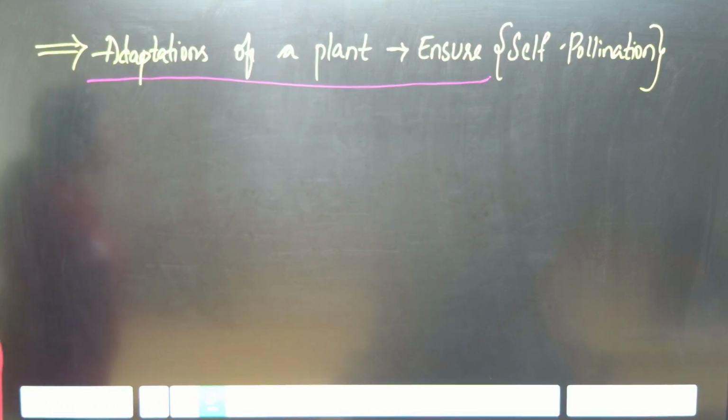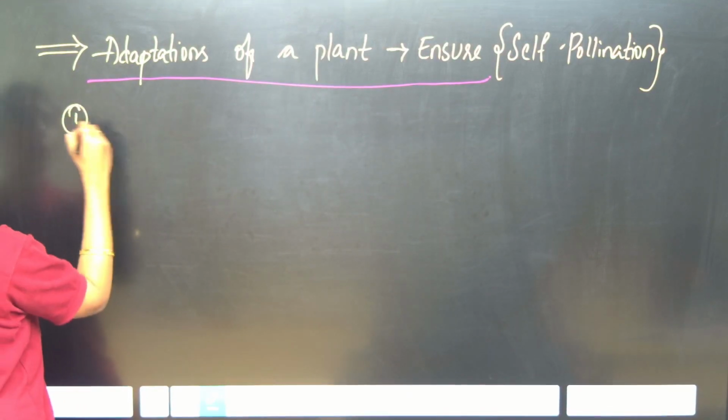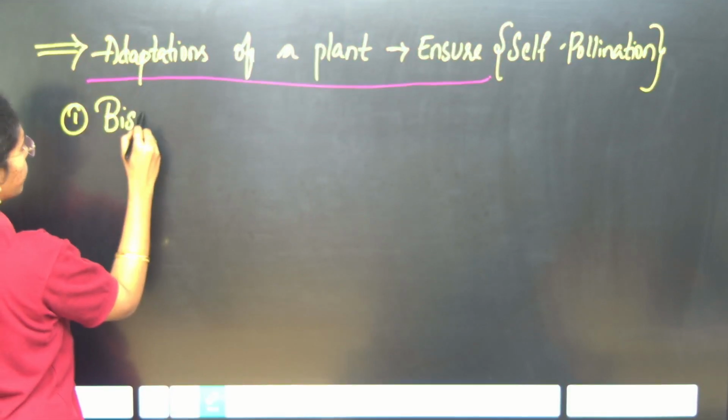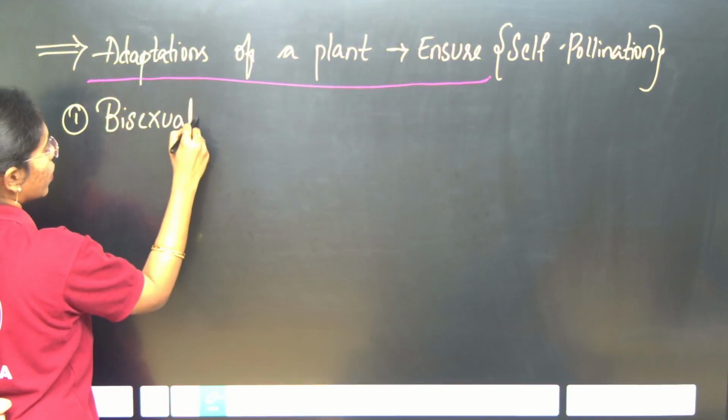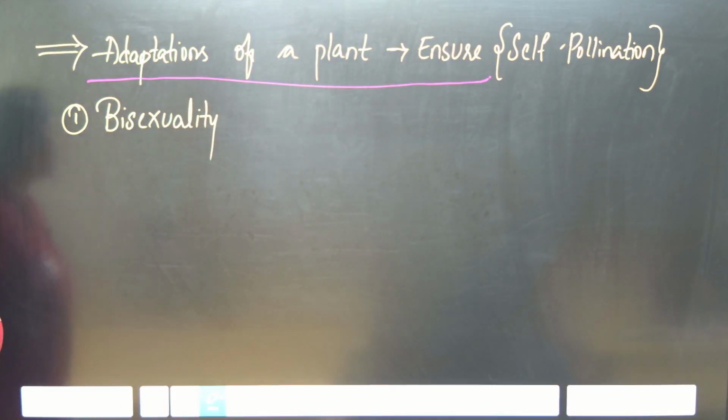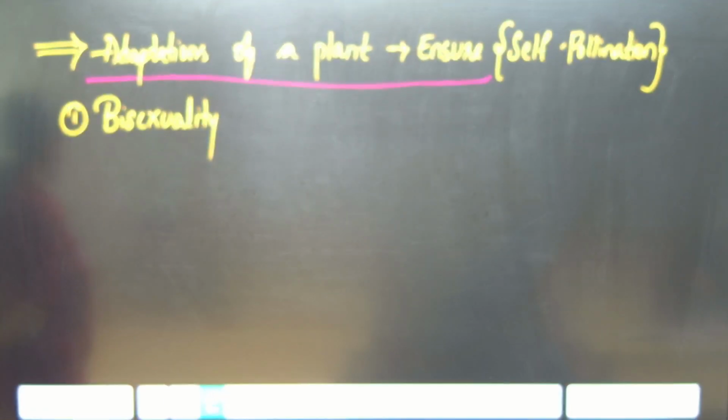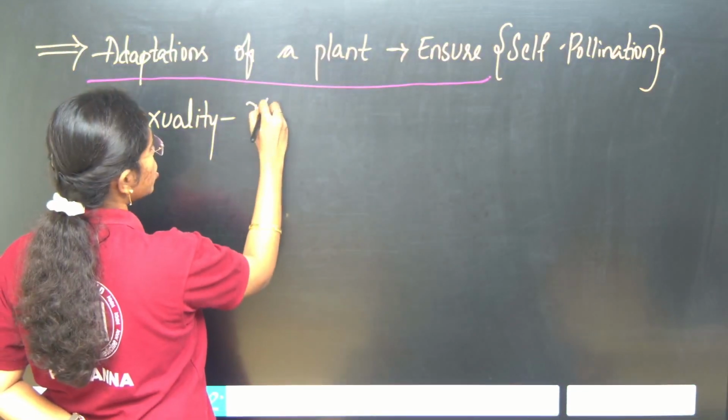First is bisexuality. What is bisexuality? That a single flower has both androecium and gynoecium. Bisexual, can I also call it as monoecious condition?